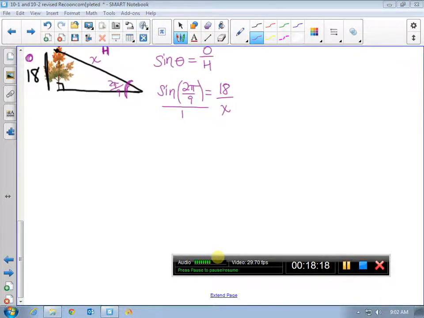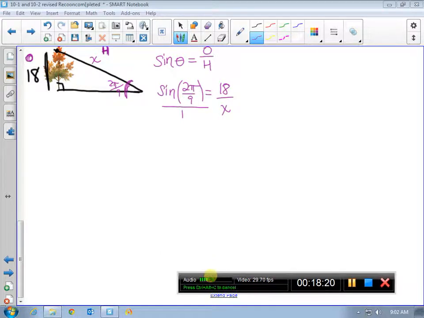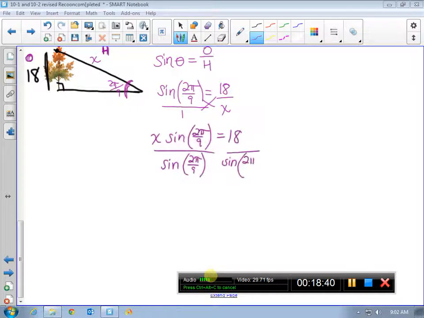If I do that right now, I'm going to get a big, ugly decimal. So I'm going to cross multiply and say x times the sine of 2 pi over 9 will equal 18 times 1. And to get x alone, I'm dividing both sides by the sine of this radian angle.